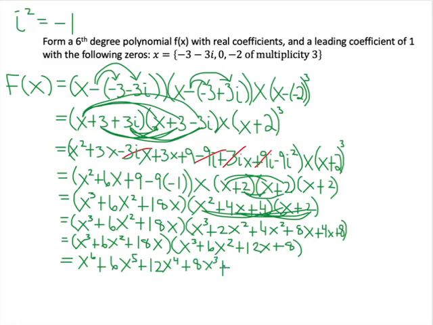Okay, we have 6x squared times x cubed is 6x to the 5th. We have 6x squared times 6x squared is 36x to the 4th. We have 6x squared times 12x is going to be 72x cubed. 6x squared times 8 is 48x squared.